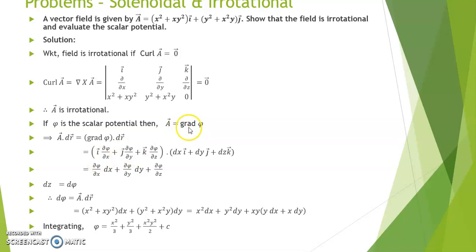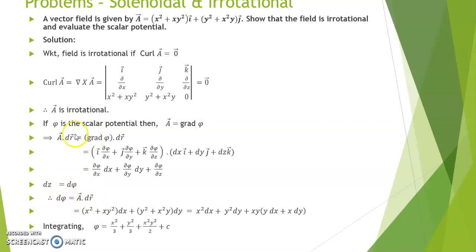It is also called del phi. I am taking the gradient phi dot dr vector. Dr vector is dx i vector plus dy j vector plus dz k vector. When I take the dot product, I will get ∂phi/∂x dx, ∂phi/∂y dy, ∂phi/∂z dz, which implies d phi.